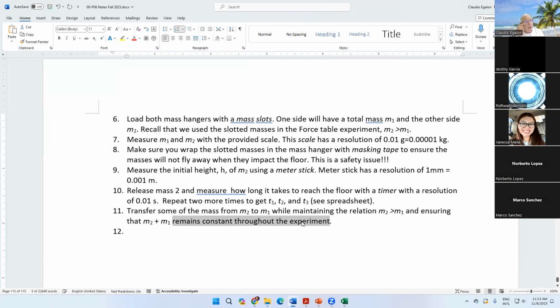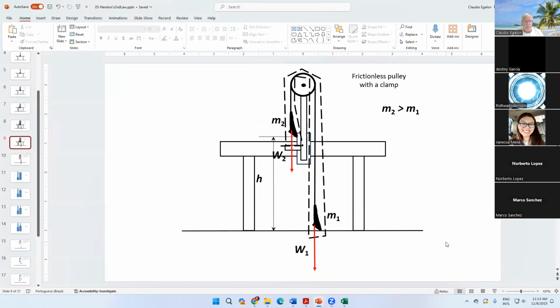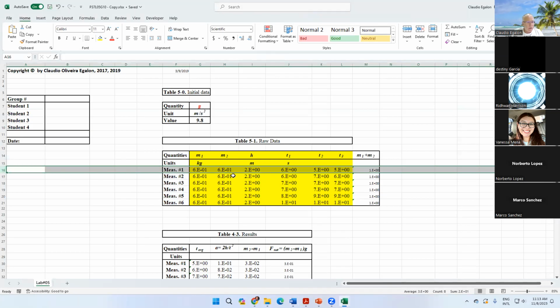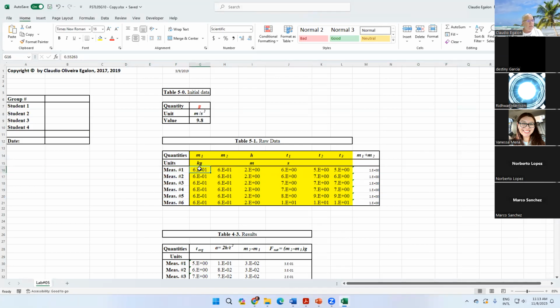Ensure that M1 plus M2 remains constant, but still ensuring that M2 remains greater than M1 throughout the whole experiment. So you still have an acceleration. That's when you get the other values. Okay. So here you go. See 555, 552 for M1, 581 for M2.